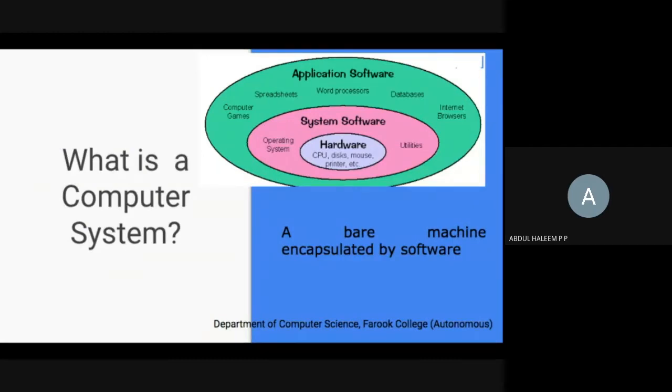MS Word will be given a lot of resources. Once MS Word is quit or closed by the user, whatever resources were granted to that application will be regained. Then they will be given to some other application. It is like a government. So the operating system is a part of system software.